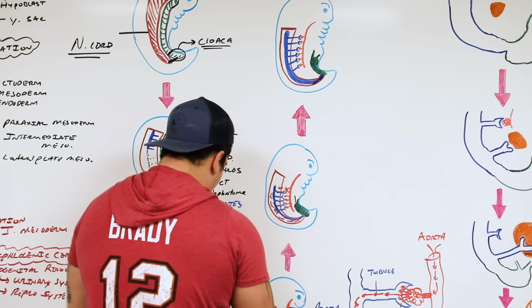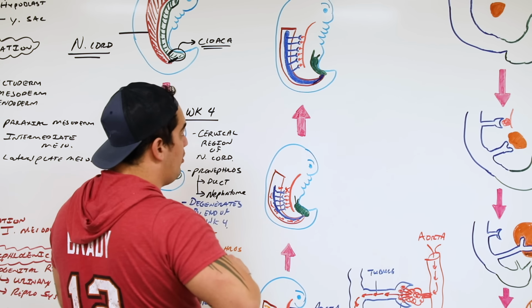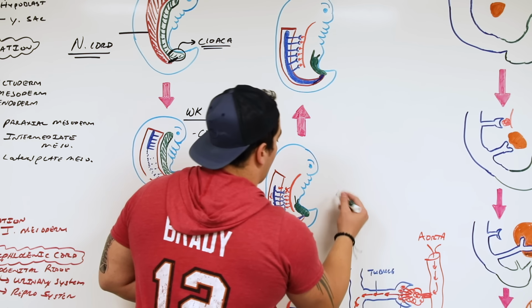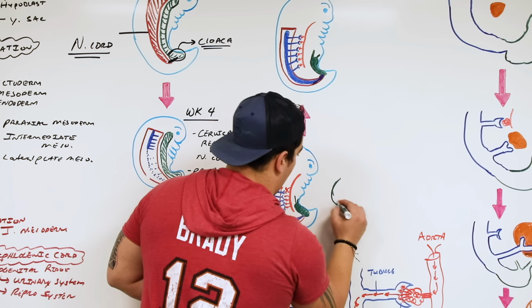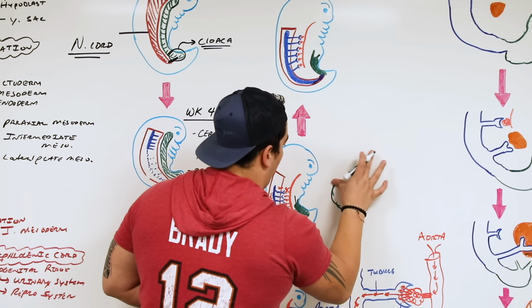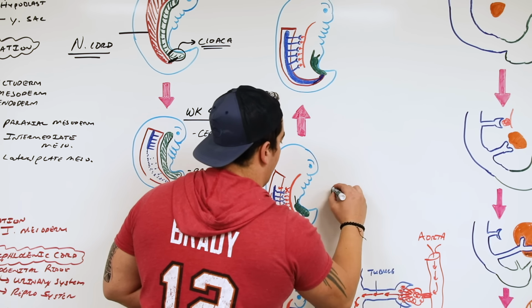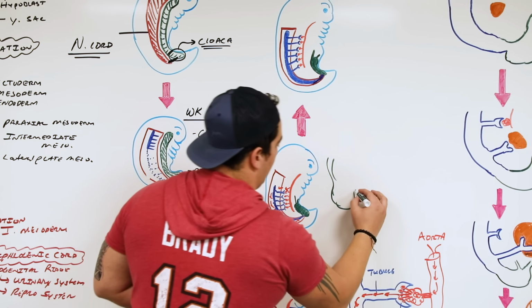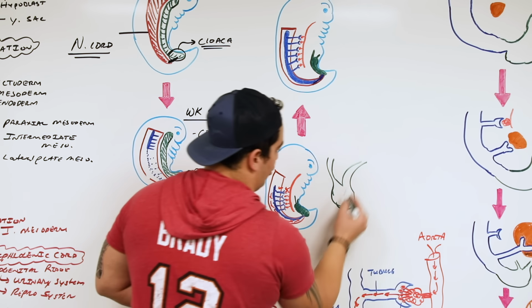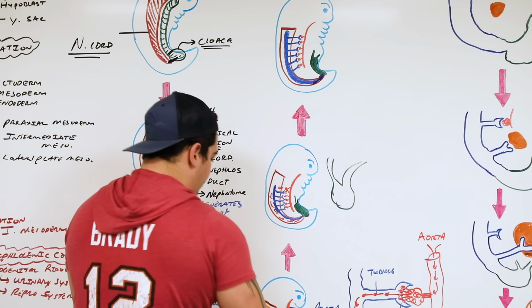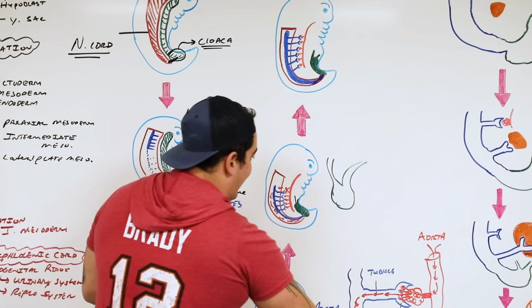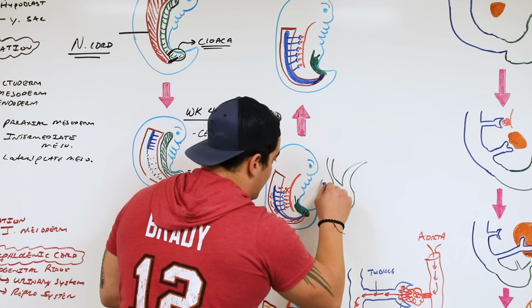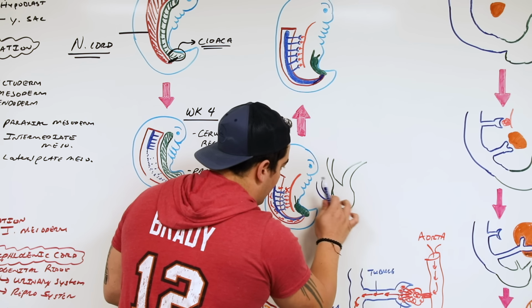You know what the cloaca actually does? If we were to look at it like this, the cloaca has two points where two things come into it. Let's say here's one part, and here is where it drains. There's a structure here called the allantois. But coming from the back end, you're going to have this mesonephric duct.